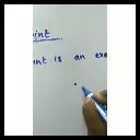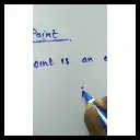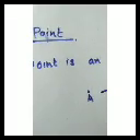A dot. This is a point. The point is shown by a dot.